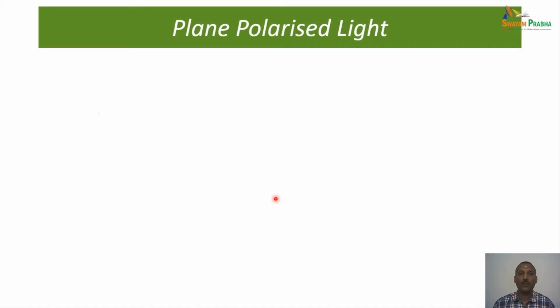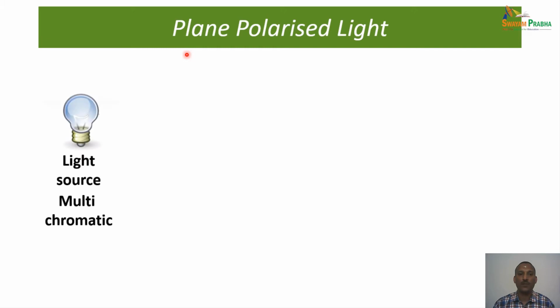Now the question comes, what do you mean by plane polarized light? Light is basically polychromatic, that means it has various wavelengths of electromagnetic radiation put together.